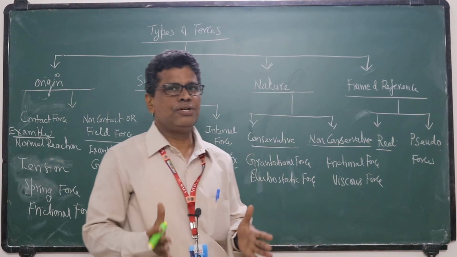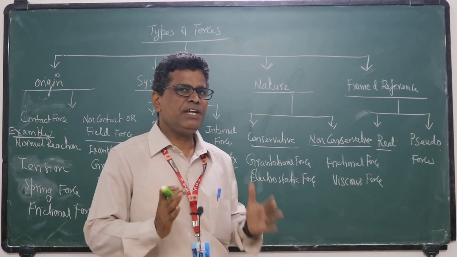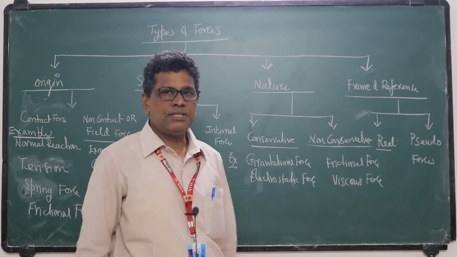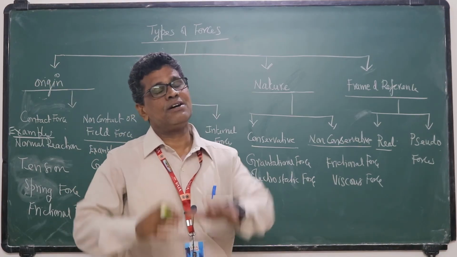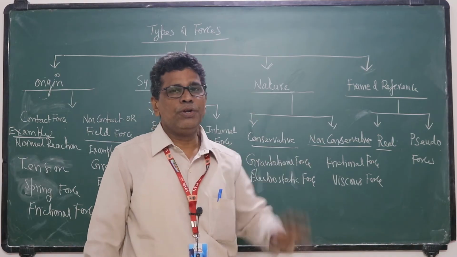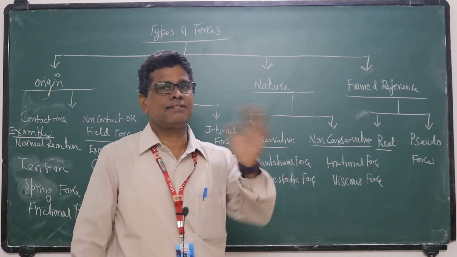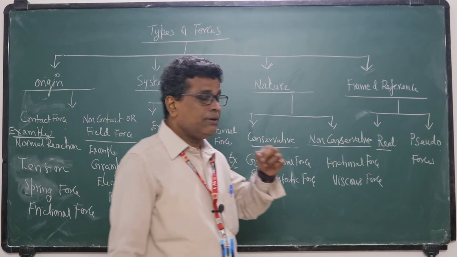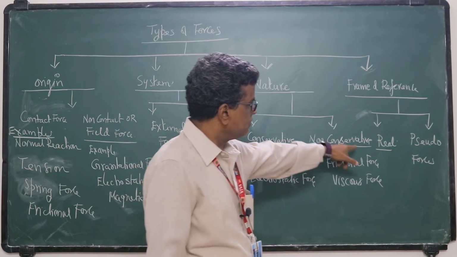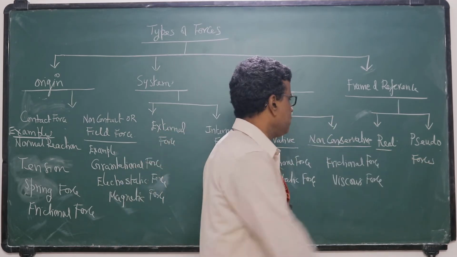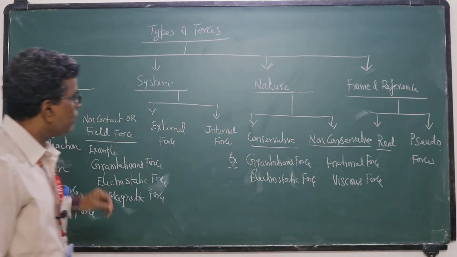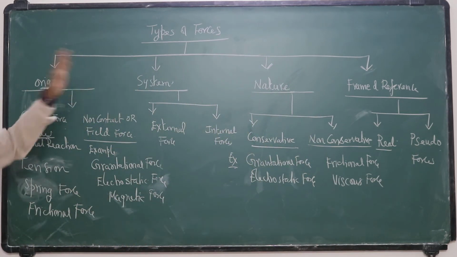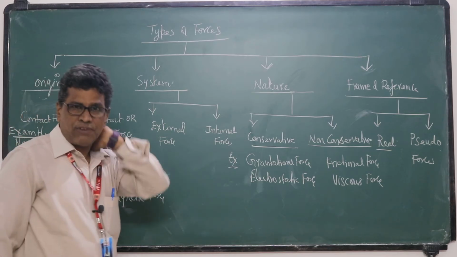To study the motion of an object, we need the frame of reference, which may be at rest, moving with uniform speed, or accelerated. Depending upon that frame of reference, forces are classified into two types, real forces and pseudo forces. Now we are going to study this in dynamics one by one.